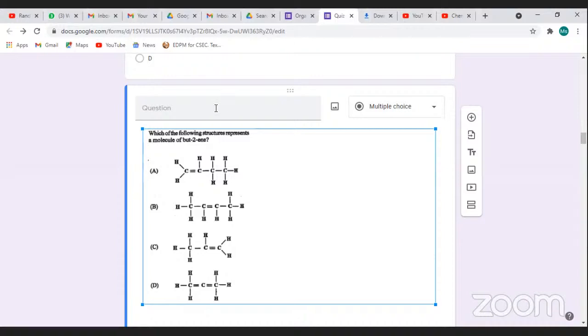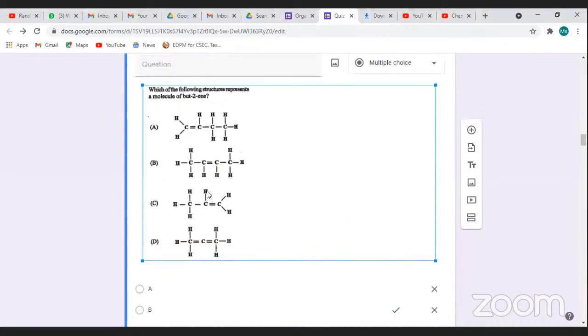B. Yes, that's the answer, B. Butene, you see, has a double bond at the second carbon. So that's but-2-ene, this is but-1-ene, this is propene, and this has two double bonds. It's actually a diene.